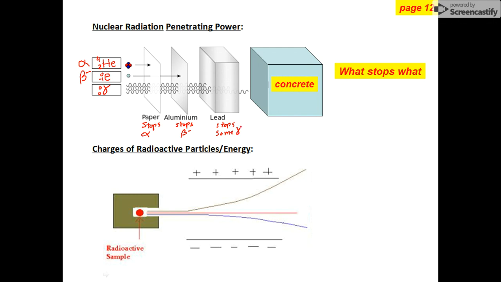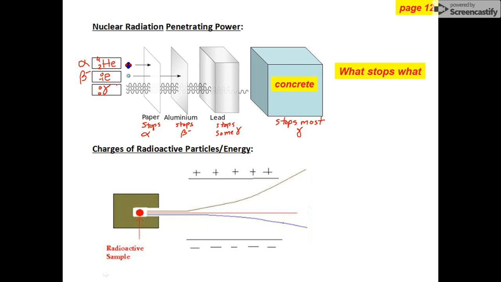That's why when you go to the dentist, they put a lead vest on you. That pretty much basically stops the kind of radiation that they're using for the x-rays, okay? And concrete will stop most gamma radiation.